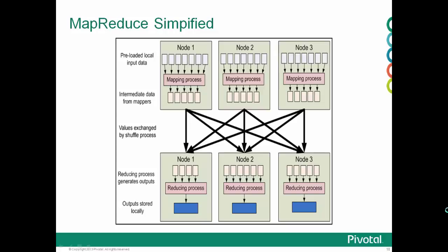Those intermediate data files will become the input to the reduce tasks. The reduce task will read each of the inputs, a key and a value pair, and generate final results, storing those final results to HDFS.